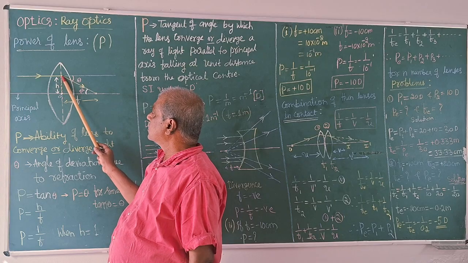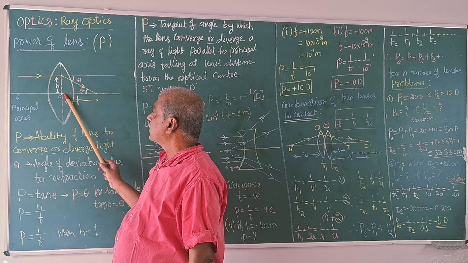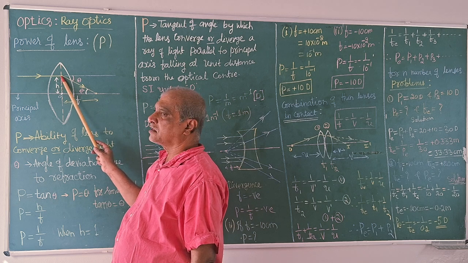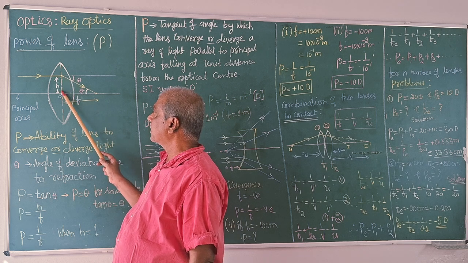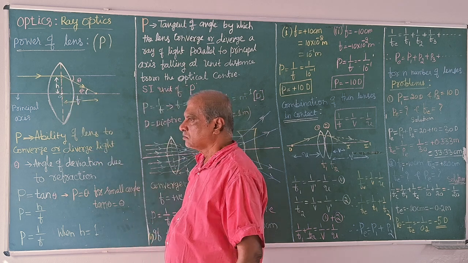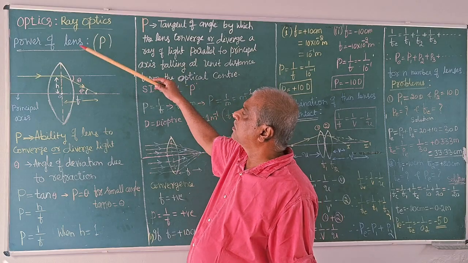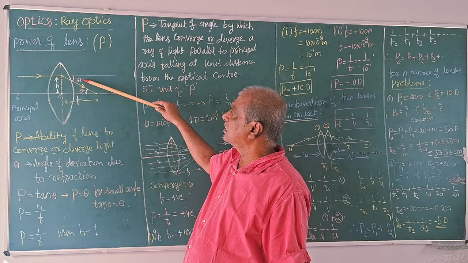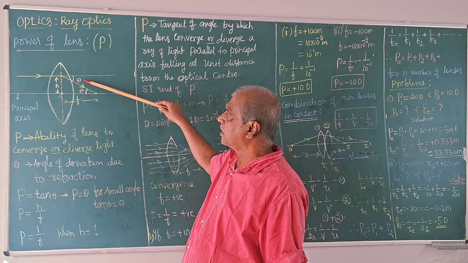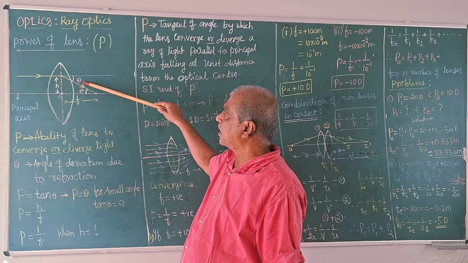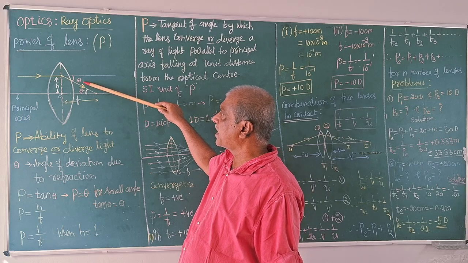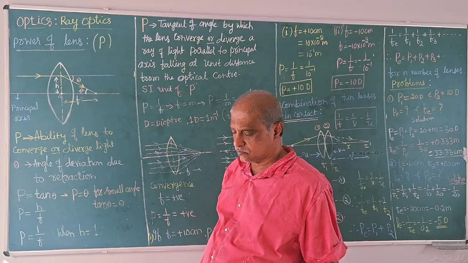And this, let us call this as a vertical height, that is distance from the optical center to where the parallel light falls here, this vertical distance. And the power of lens depends on the magnitude of the angle, and this angle we represent in terms of tangent of angle.